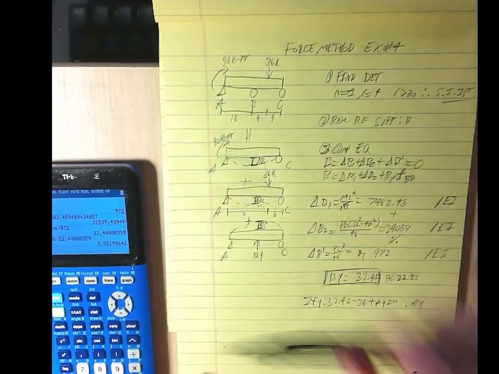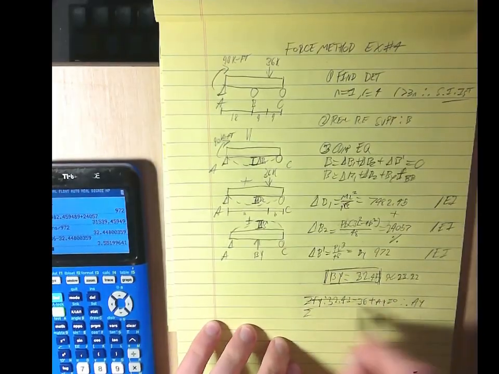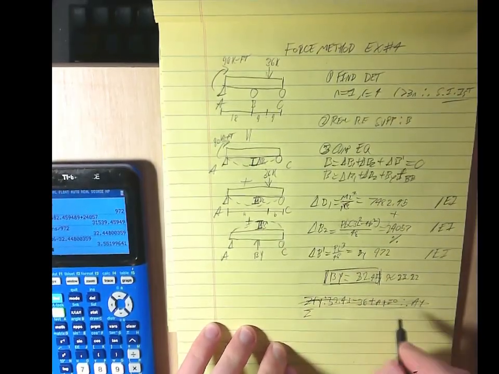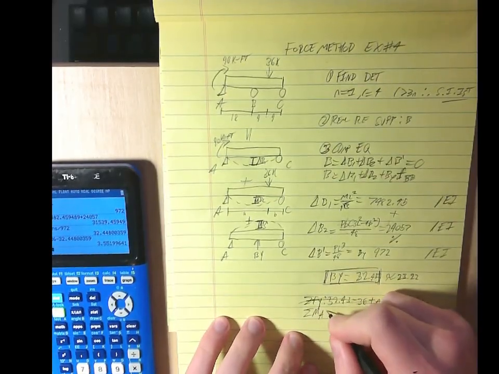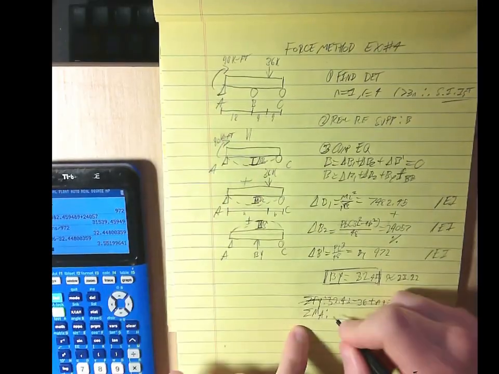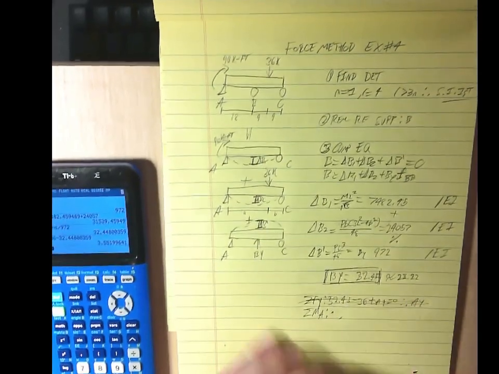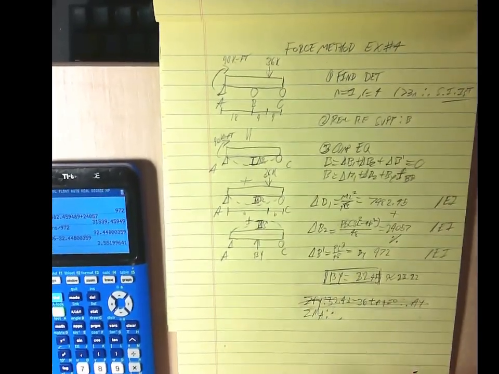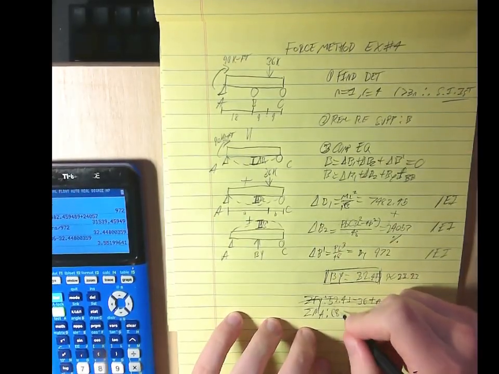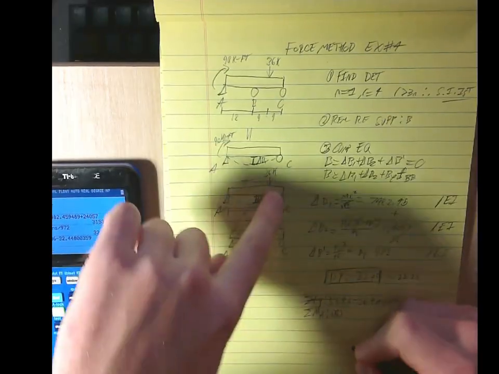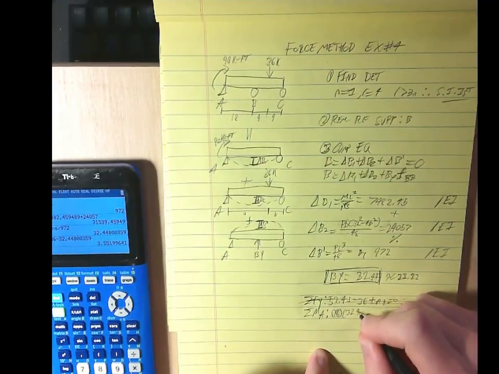We know B_Y. What we can do is we can take the moment about A. So disregard this for now. We'll come back and we'll do that again. We're going to take the sum of the moments about A. Here we might disregard 90 because it's a moment, so disregard that, 90. Here we're going to take 18 cross B_Y, which we know is 32.45.